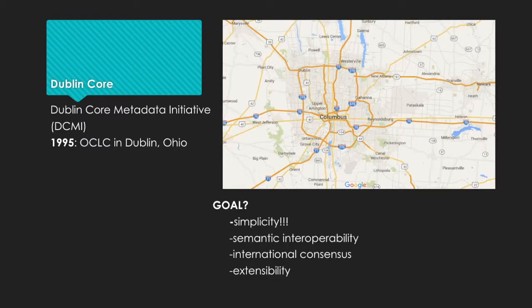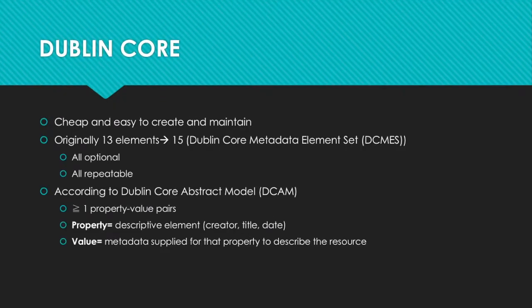The goal of this particular meeting, and it continues to be the goal of Dublin Core, was to find something that was simple, but that was also functional. They're also concerned about semantic interoperability, international consensus, and extensibility. So they basically wanted something that was universally understood, but that could also be flexible.